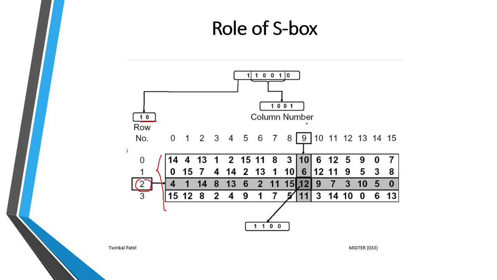So we have to look at the 9th column and the second row, where they are intersecting at number 12. So 12 in binary we can write as 1100. So the 6-bit input is converted into the 4-bit output using the S box. So in this way all the S boxes are working.